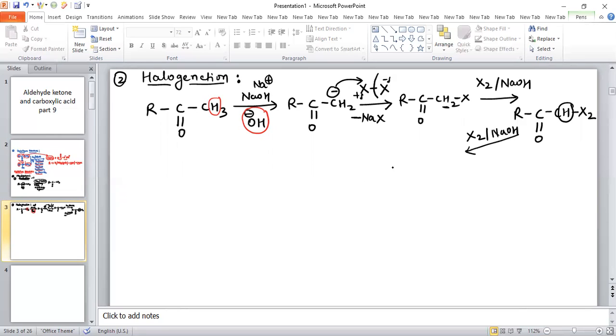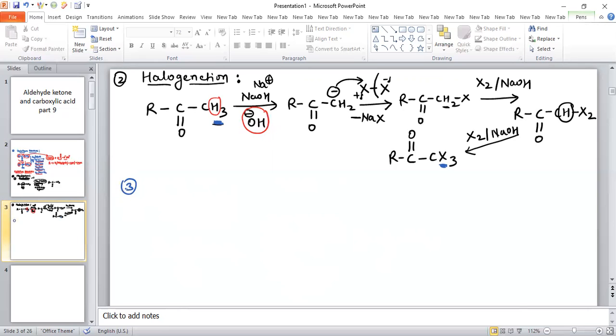So all hydrogens will be substituted and this will convert into R, C double bond O and CX3. So all three hydrogen atoms on the carbon atom are substituted by halogen. So the first step is basically oxidation and the second step is halogenation.